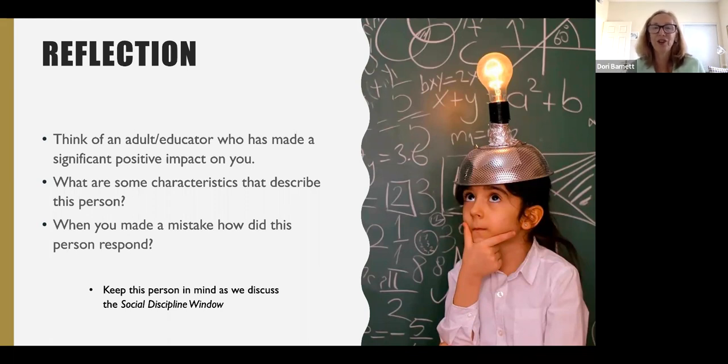So you might share what were some of your adults' characteristics. Some people, when I do this in group trainings, do say like the person believed in them. They had positive regard. They accepted them no matter what. They had positive expectations. They believed they were going to accomplish something.